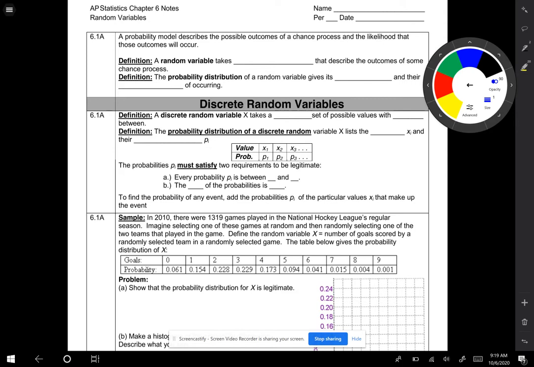For some definitions, a random variable, which is usually denoted by a capital letter, takes numerical values that describe the outcomes of some chance process. The probability distribution of a random variable gives its possible values and their probability of occurring.